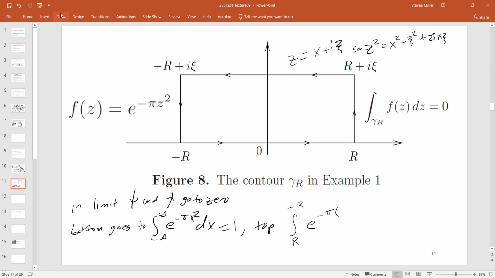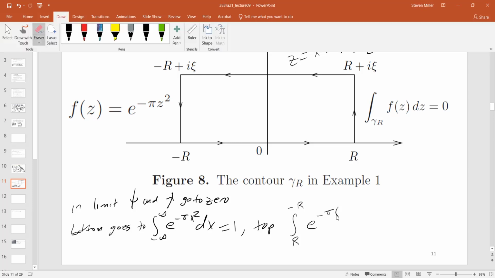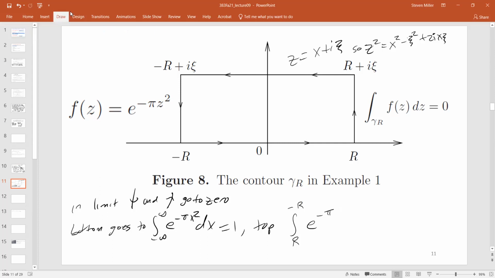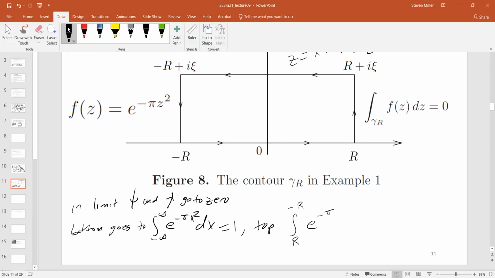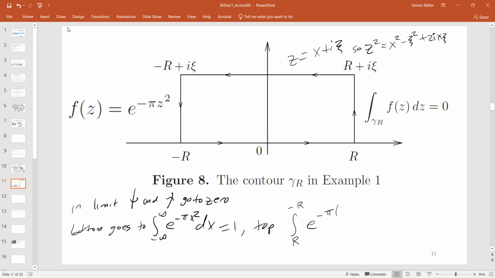So when I put that down here, what do I get? I get pi, and I'll have x squared minus c squared plus 2i xc dx.